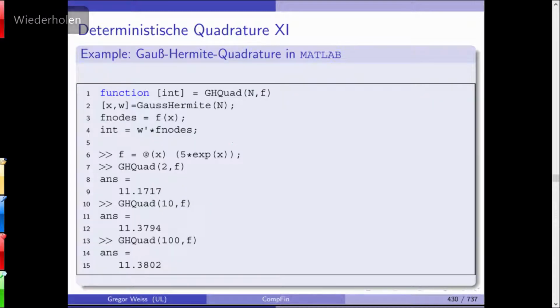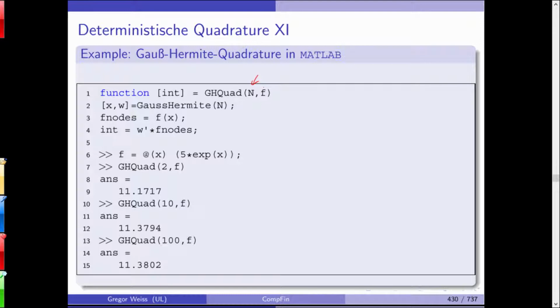So let's do this. GH quad, n and f. We select the number of nodes, assuming, and this is quite clear, the higher the number of nodes, the better the approximation will be, and we want to approximate this function f. So xw, Gauss-Hermite, f nodes, those are the function values, and the integral is just w times f nodes.